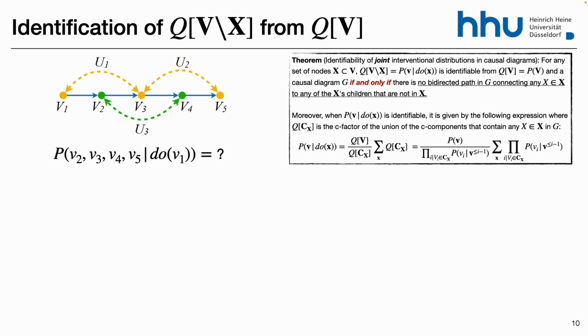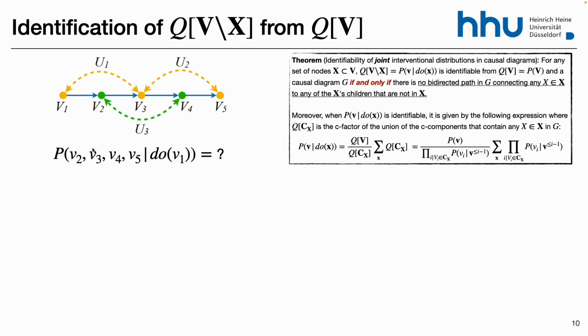I was checking if there is a path from V1 to any of the descendants. It's only the child that matters. So the only child of V1 is V2. It's not part of the C component, so it's not a problem. So it's like a bidirected path connecting the variable in the action to any of its children.